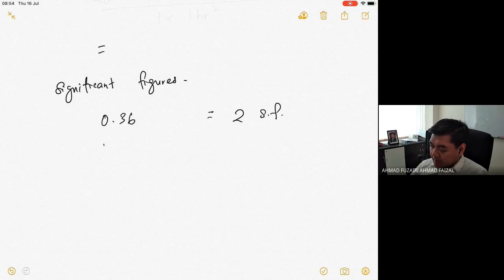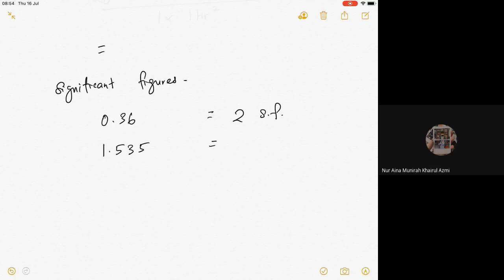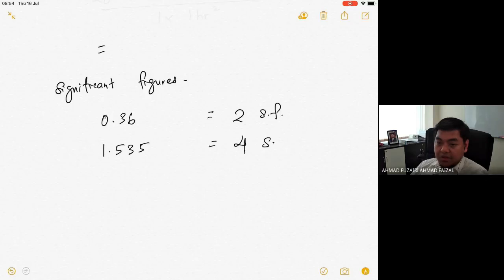If you have 1.535, how many significant figures? 4. Correct. This is 4 significant figures. Very good, everyone. So why we need to learn the significant figures and also the decimal point. This 0.36 is 2 significant figures and 1.535 is 4 significant figures.